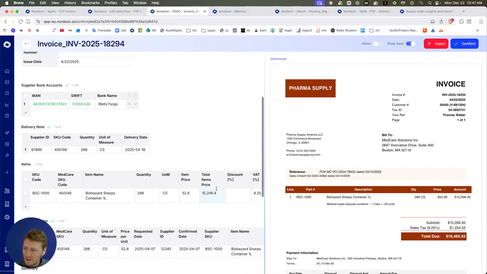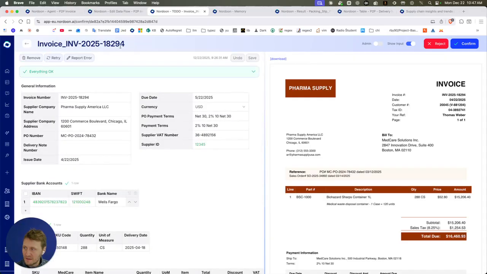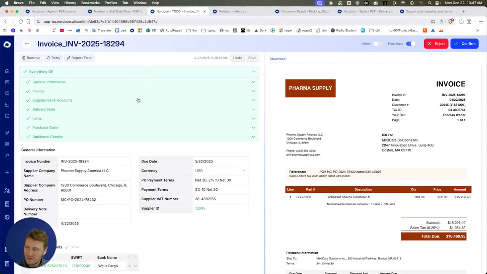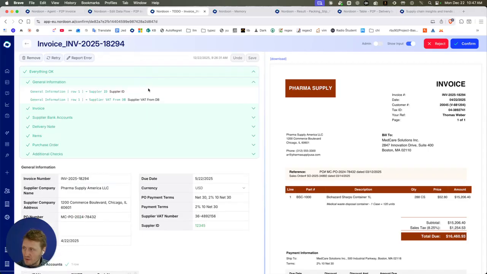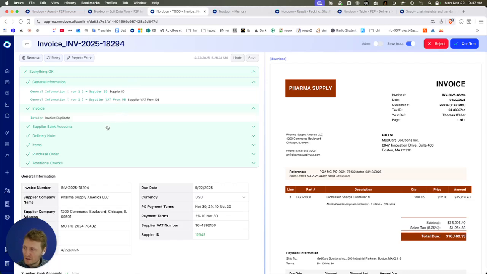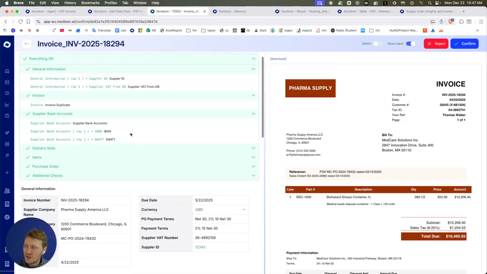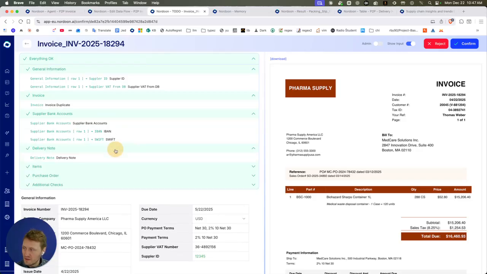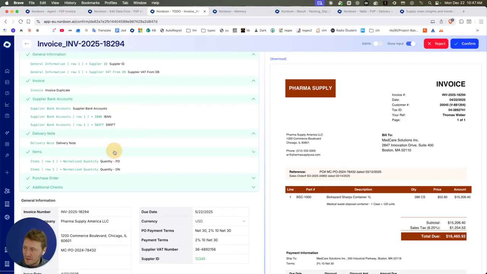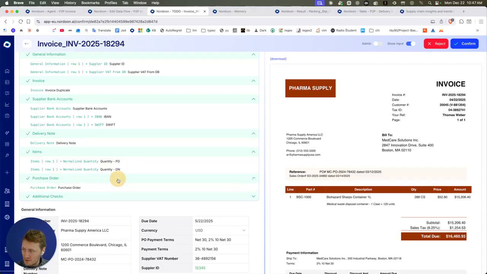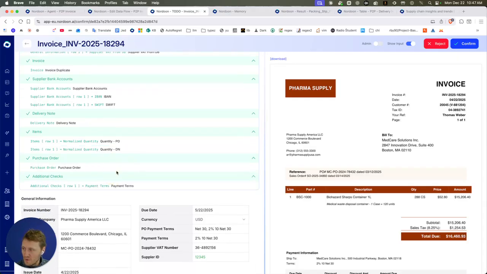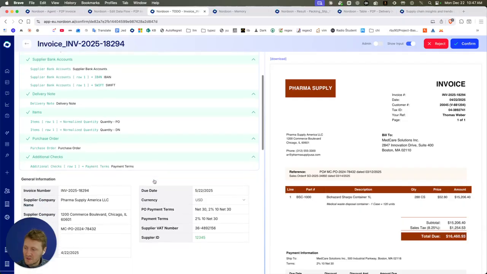And we also see various things like all the validations that passed. So we know that the supplier was resolved, the supplier VAT is okay, the invoice is not a duplicate, we have checked all the bank account details, we have a delivery note, the items, everything checked out, the quantities on the PO and delivery note match, the PO is present, and we also check that the payment terms are consistent.